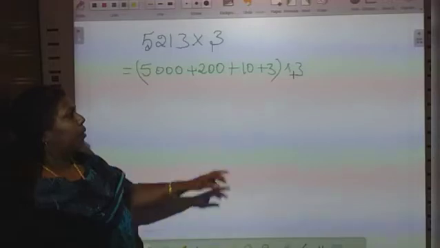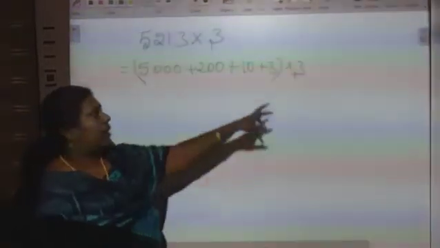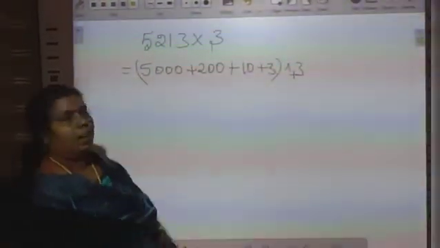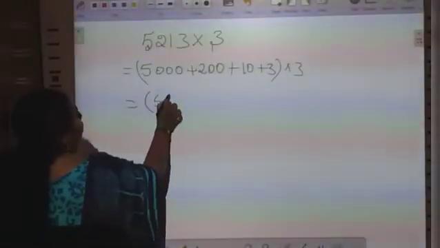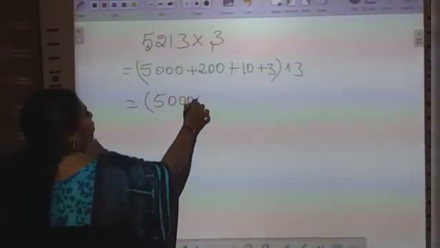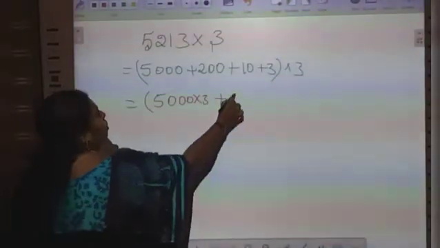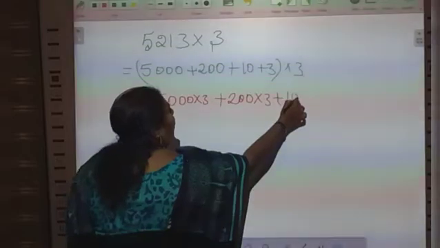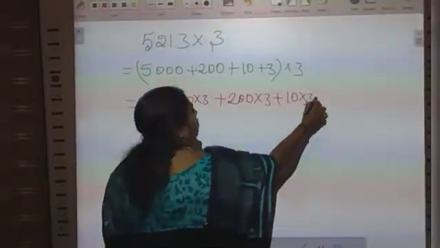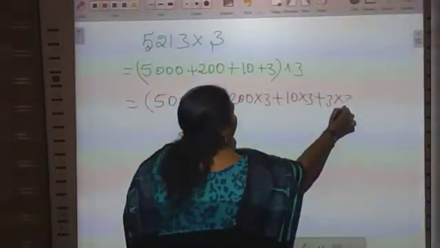Now I multiply inside the bracket, where the multiplier is 3. That means 5,000 into 3 plus 200 into 3 plus 10 into 3 plus 3 into 3.